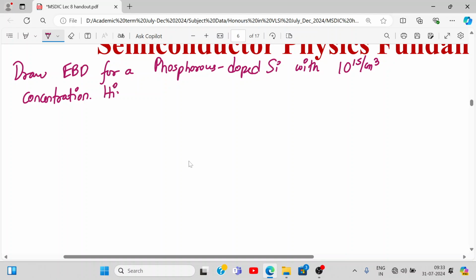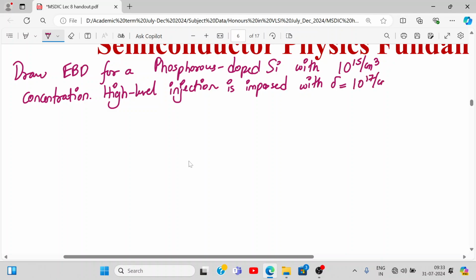High level injection is imposed with delta equal to 10 raised to 17. What do you mean by phosphorus doped silicon? N type, correct.